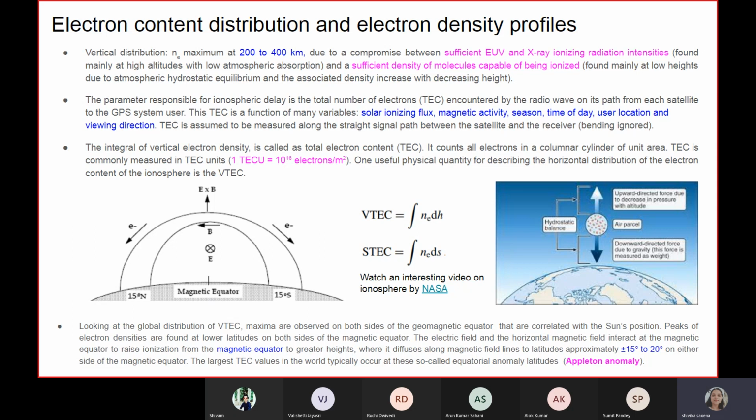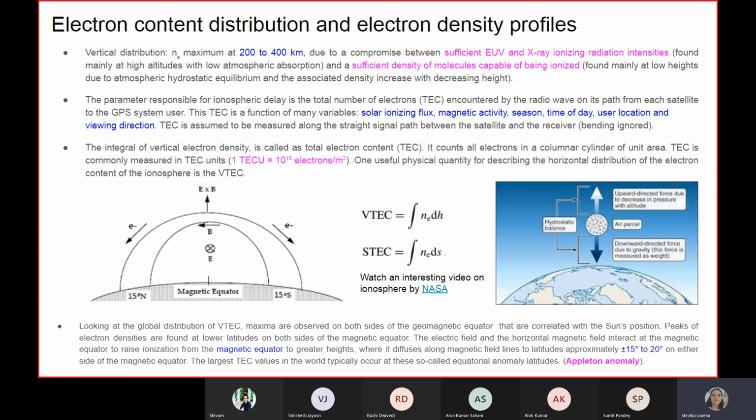So at the magnetic equator, what is happening? The electric field and horizontal magnetic field interact at the magnetic equator to raise the ionization above, towards the outer atmosphere, to greater heights, where it diffuses along the magnetic field lines.